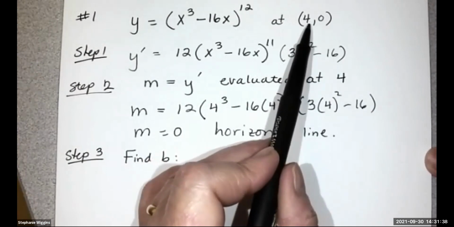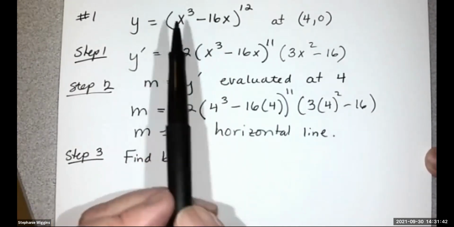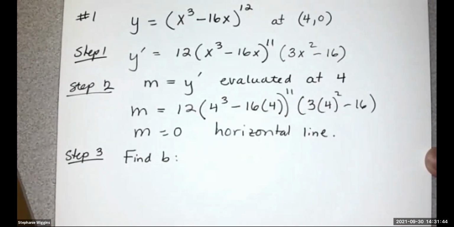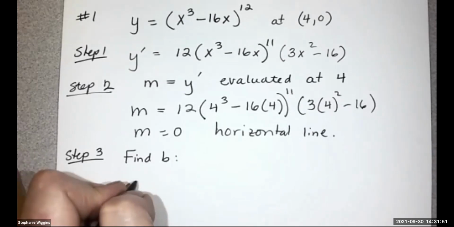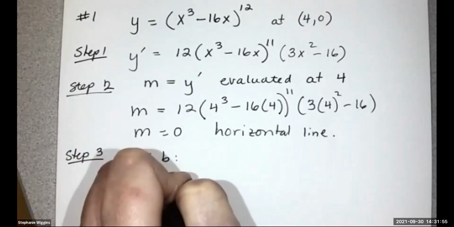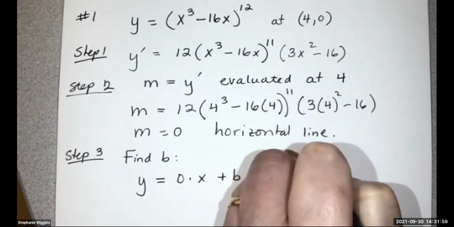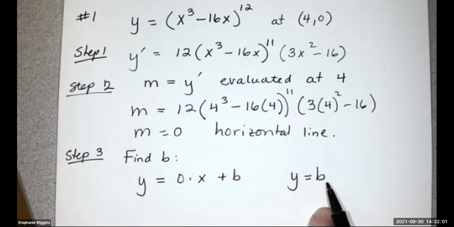That's going to show us where this point is. So when we plug in 4, we get 0. And so the constant, let's see here, we have y equals 0 times x plus b. So in other words, y equals b is the equation of the line.